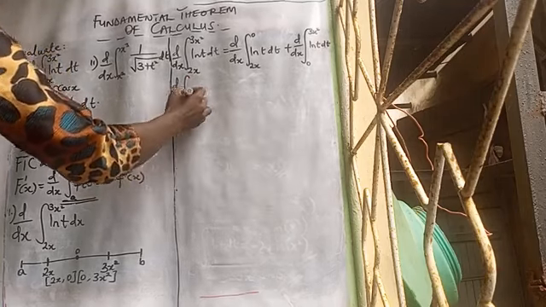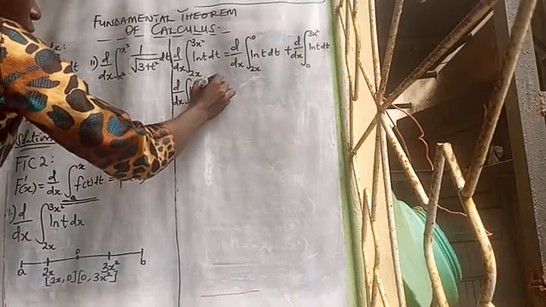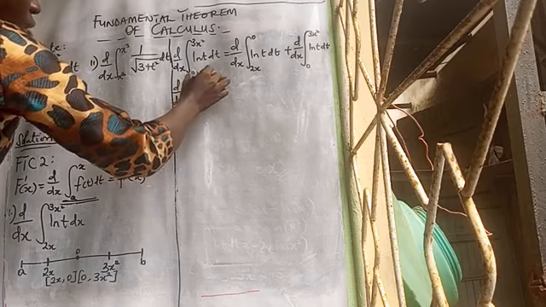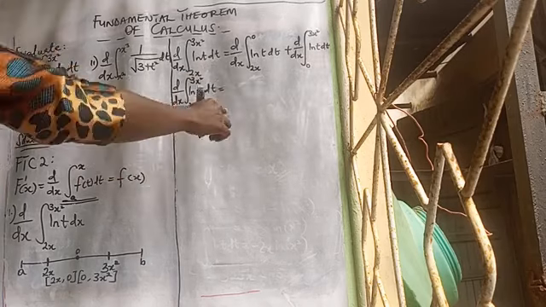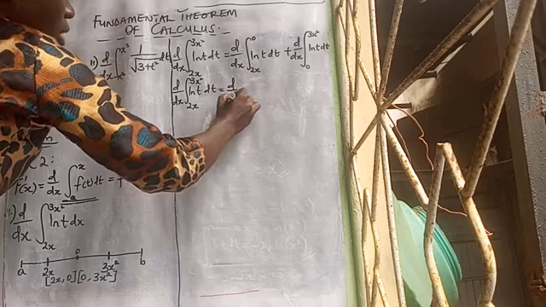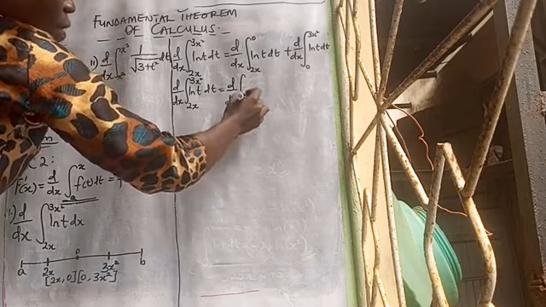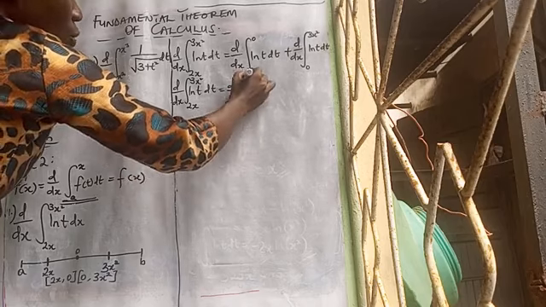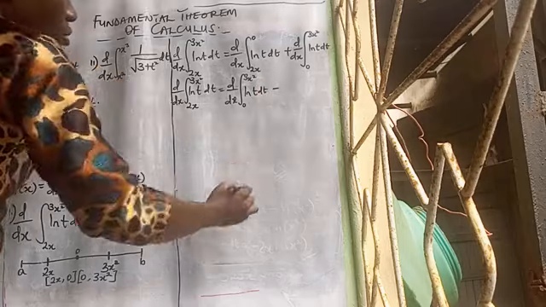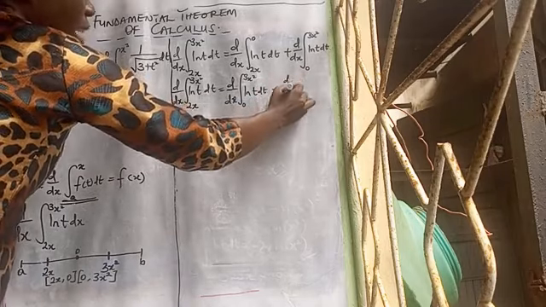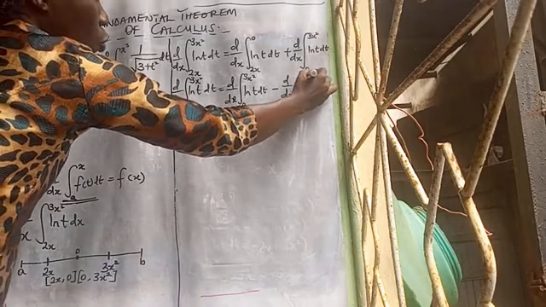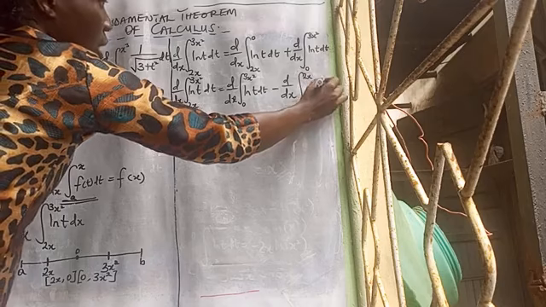So d dx of the integral of ln t dt from 2x to 3x squared will be equal to what? When this changes and becomes negative, I have d dx of the integral from 0 to 3x squared of ln t dt minus d dx of the integral from 0 to 2x of ln t dt.